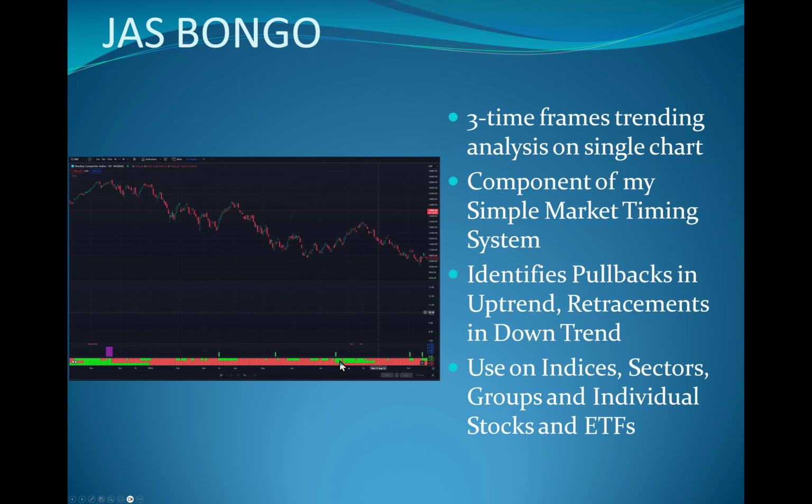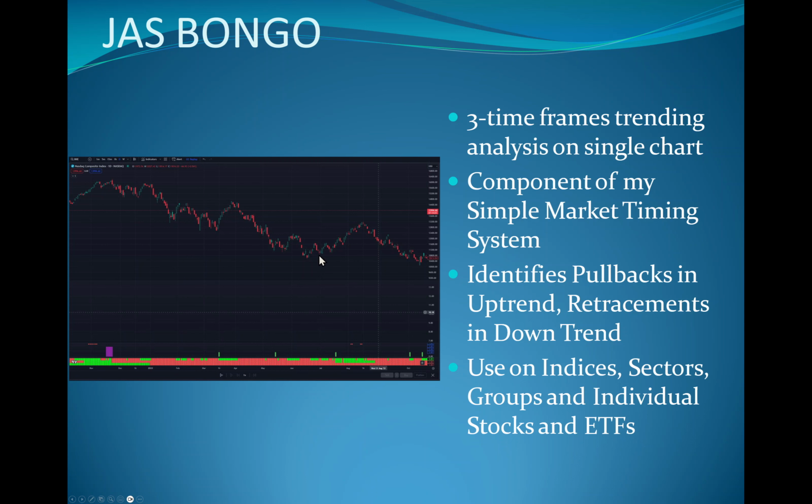Here's the bongo on TradingView, just as an example. And notice down here you've got 3 colors, and you've got a daily, a weekly, and a monthly. Notice that in a long-term downtrend, the monthly stayed red the whole time.